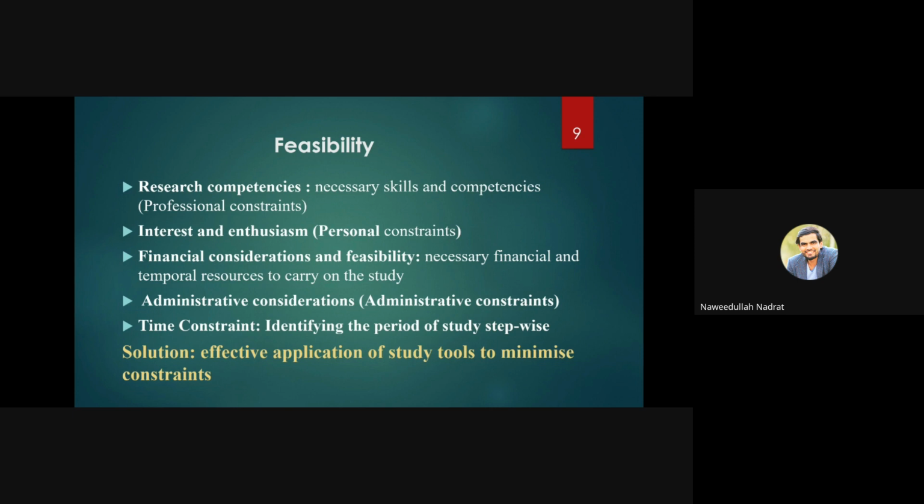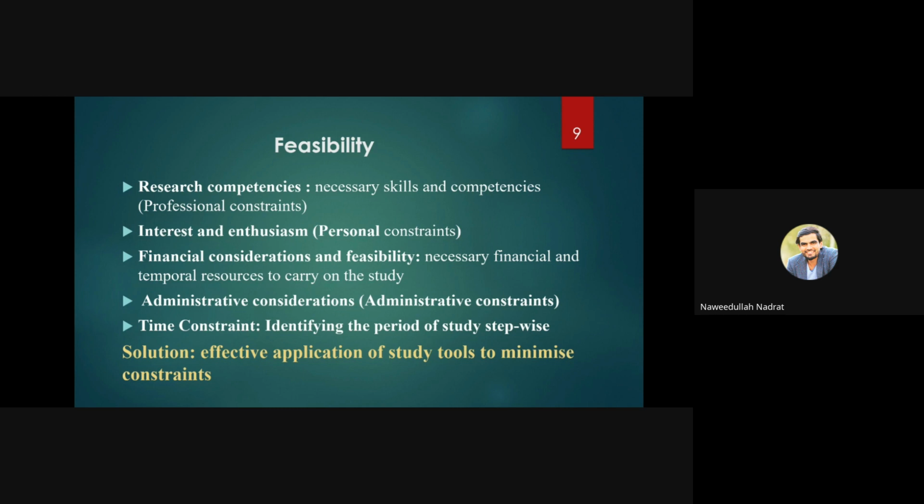But maybe your interest is in some other sort of thing. That means a researcher has to be particular about one particular interest, and if that particular researcher is interested in one particular area, then of course he must be feeling enthusiastic.